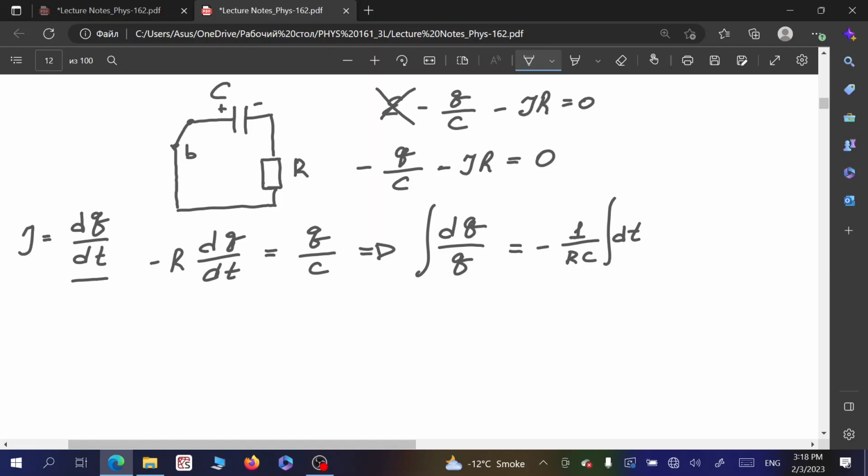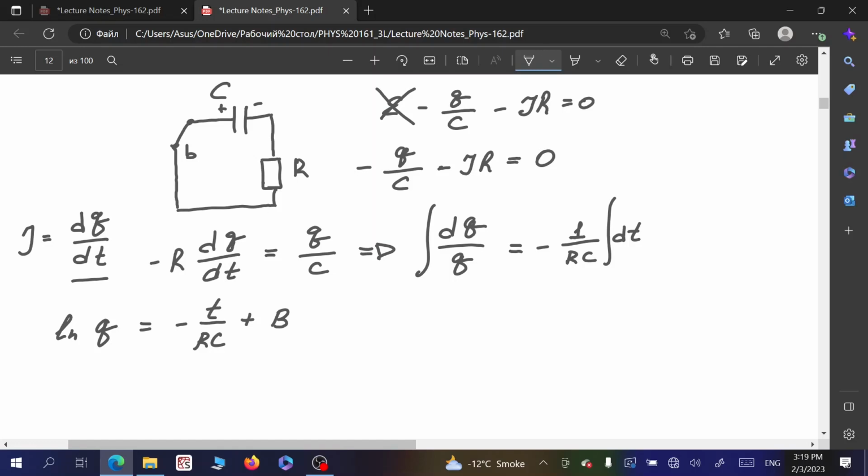Here we have the natural logarithm of electric charge equal to minus t over RC plus some constant B. Obviously, in order to get the final expression, we need to determine this constant of integration.